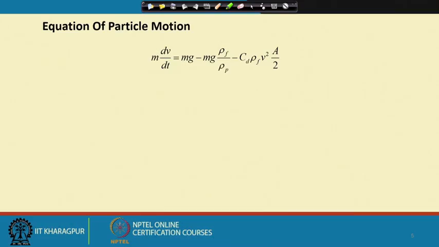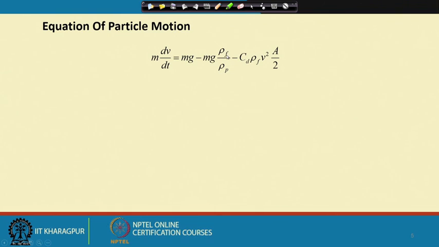When the particle has accelerating velocity, the equation of motion, from conservation of mass, is m dV by dt, where m is the mass of the particle and dV by dt is the acceleration of the particle in the downward direction, equal to mg, the gravitational force, minus the buoyancy force, mg rho f by rho p.